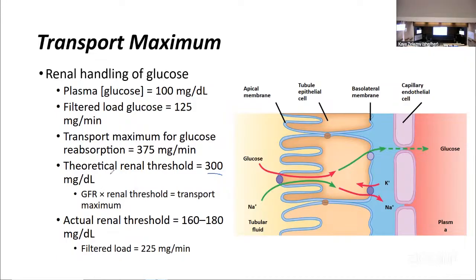If we back solve here, we'd get to this as your total value of glucose that you can handle. So that's what a renal threshold is. A renal threshold is that blood value that can be totally cleared as we pass that proximal tubule.